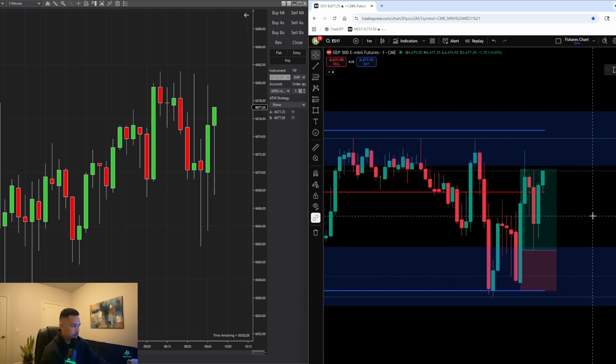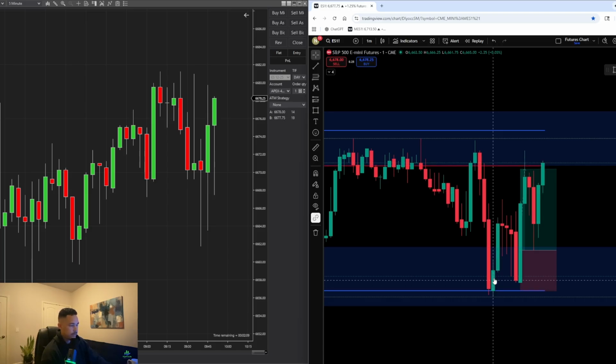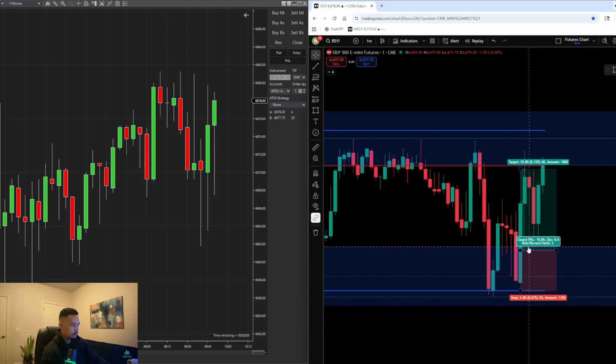But my thought process was wait for a bounce or a trade through, but it's always going to be a bounce off of support or resistance, whether it trades through it or whether it bounces from it. It's still going to be some type of retracement and bounce. And that's what it did.